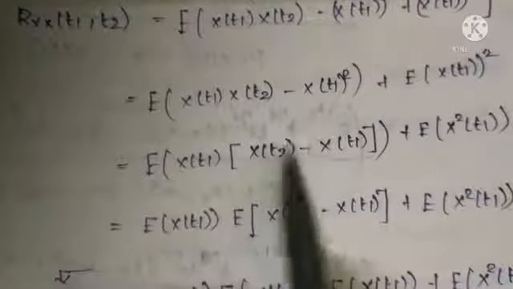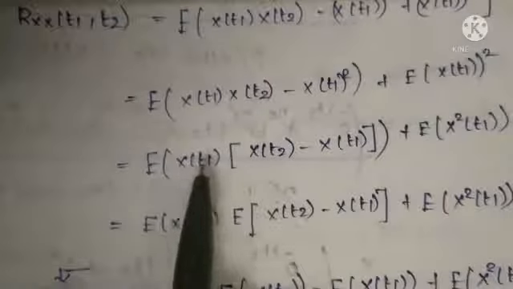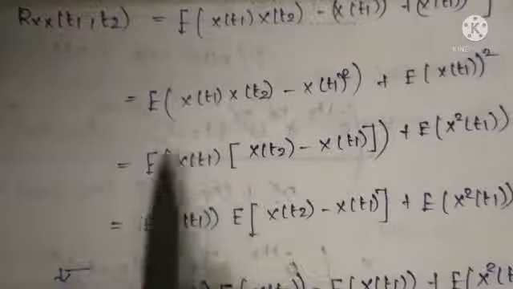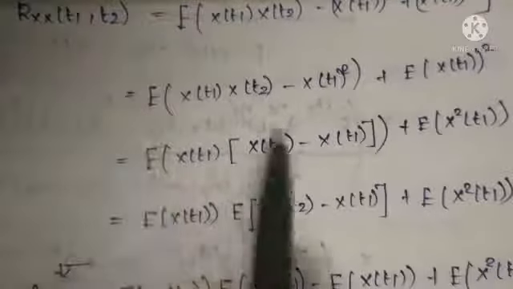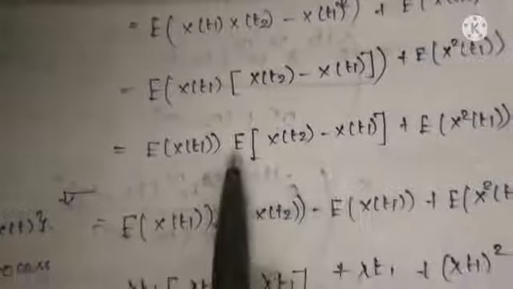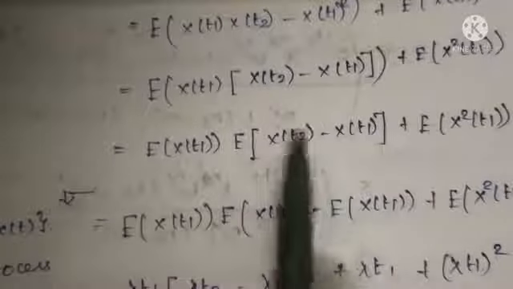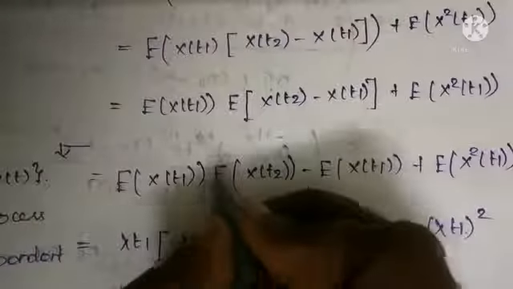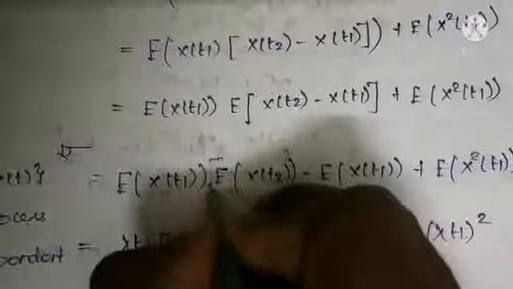And since the processes here are independent, I can write E of x of t1 into E of x of t2 minus x of t1. Which can be written as E of x of t2 minus E of x of t1. And E of x of t1 is common.